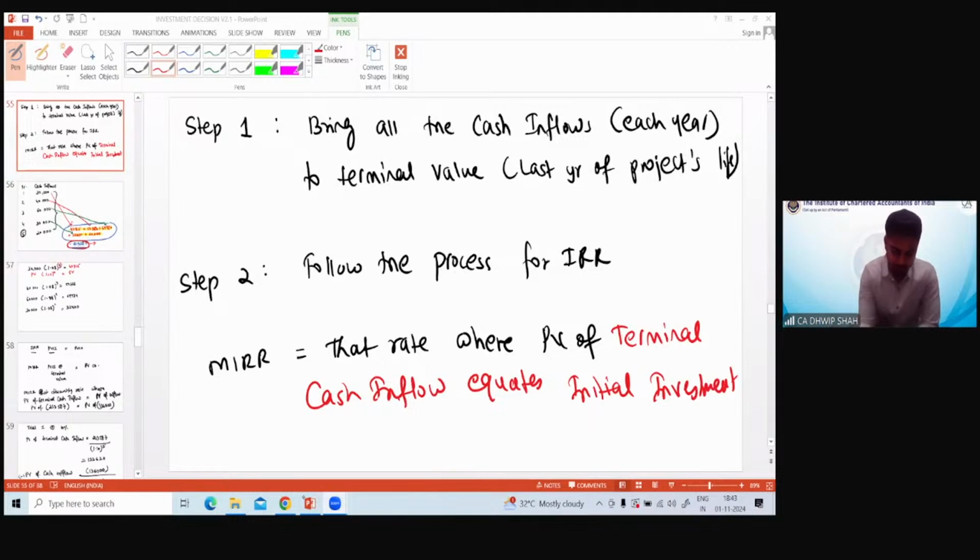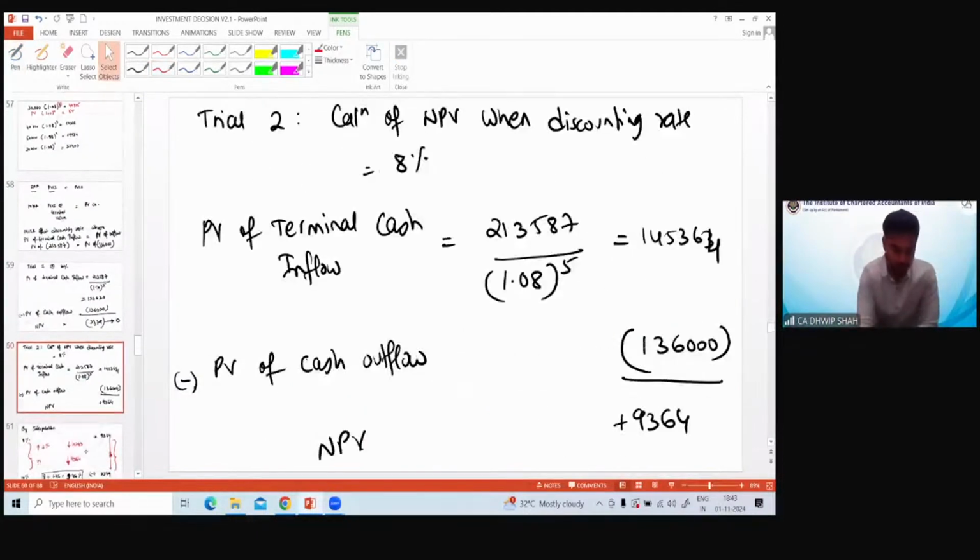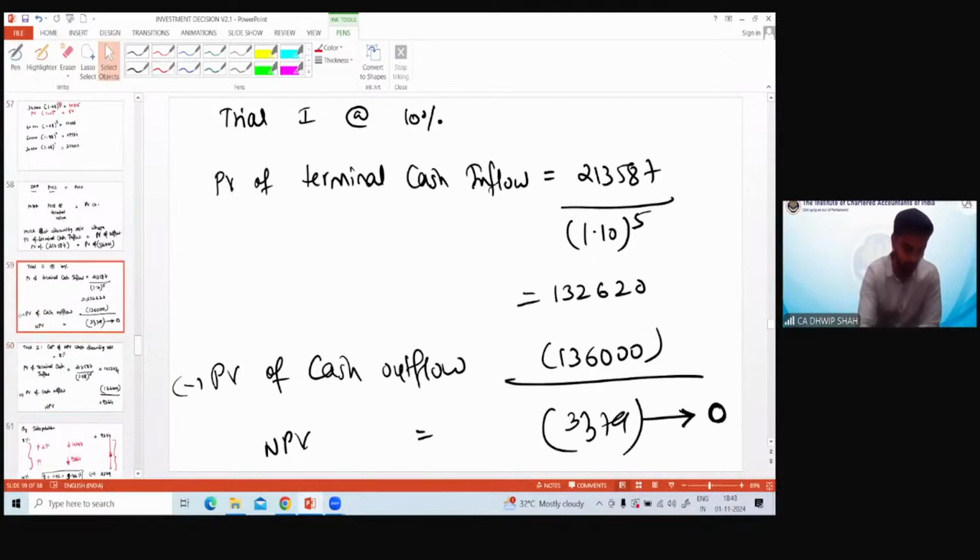213587 divided by 1.1 raised to 5, it is normal discounting. I hope by this point you know how to do discounting. To take 213587 in your calculator, press the division sign, press 1.1, and since the power is raised to 5, you press equal to 5 times. 1, 2, 3, 4, 5.